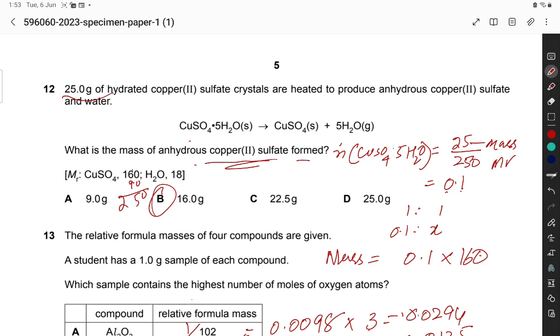So find the mole ratio. It is 1:1, so 0.1 moles. So in this way the mole of copper sulfate is 0.1 and mass is mole times Mr of copper(II) sulfate. So in this way the option is B, 16 grams.